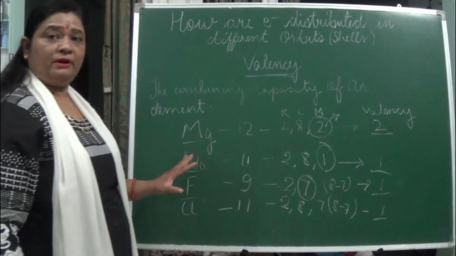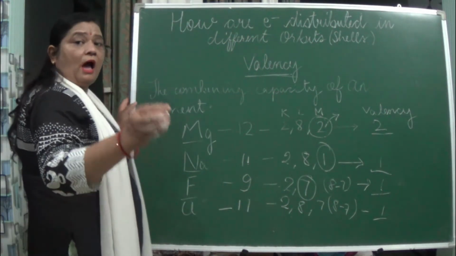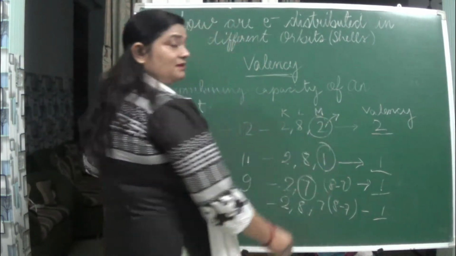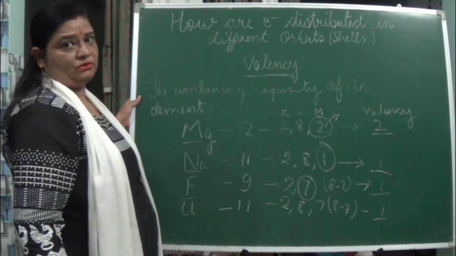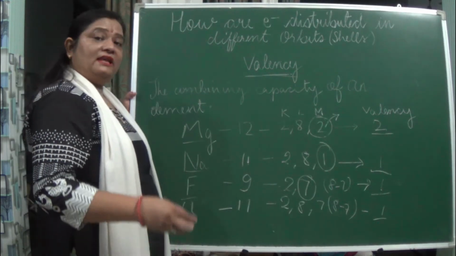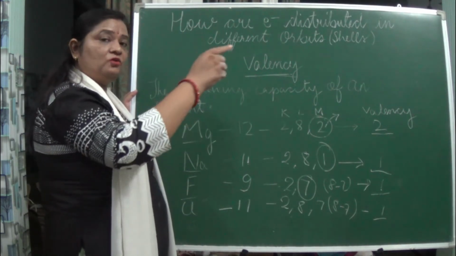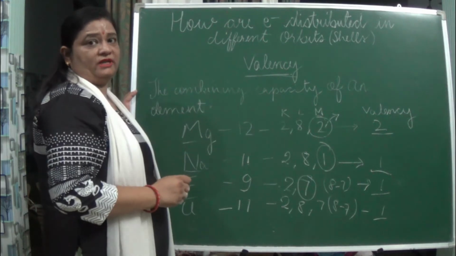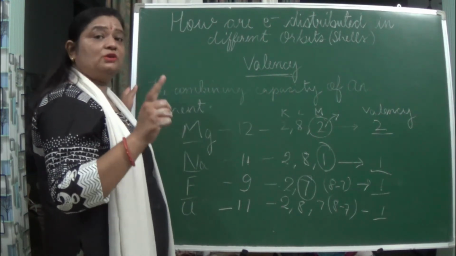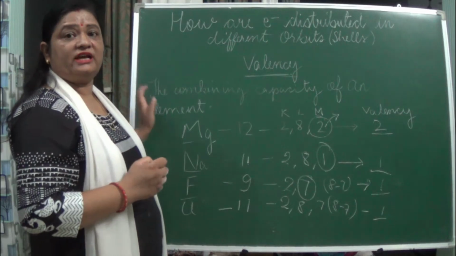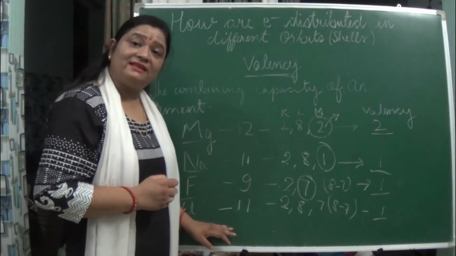Now, one thing you remember. When the outermost shell consists of 1, 2, 3 or 4 electrons, then the valency is only the number of electrons present in the outermost shell. The outermost shell is known as the valence shell, and the electrons present in the outermost shell are known as valence electrons.